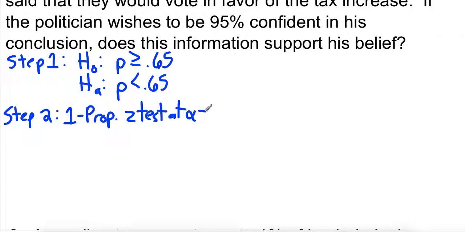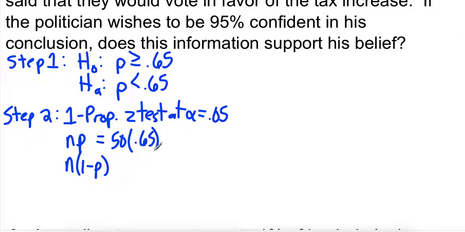At alpha is 0.05. We need to make sure we meet all the conditions for this. So we have a simple random sample. They're independent. You're just asking these people. Either you support or you don't, so there's only two outcomes. And we need to check if our sample size is large enough. So we need to check np, and we need to check n times 1 minus p. So this politician is asking 50 people, and p is 0.65, and then 50 times 1 minus 0.65.